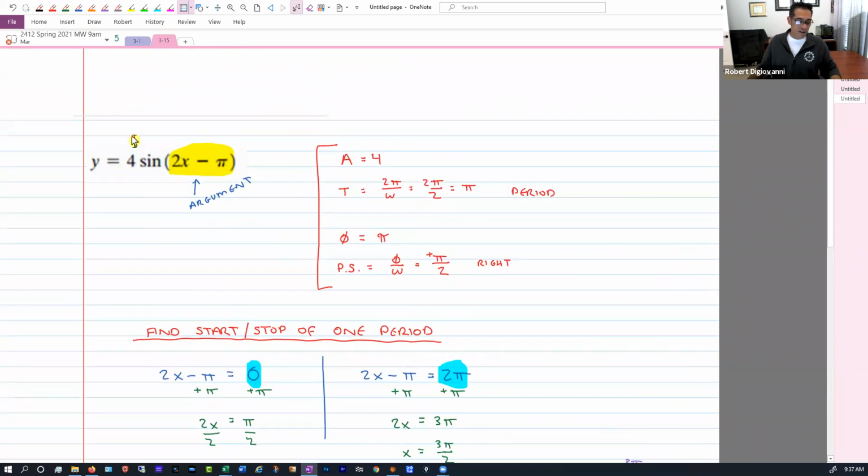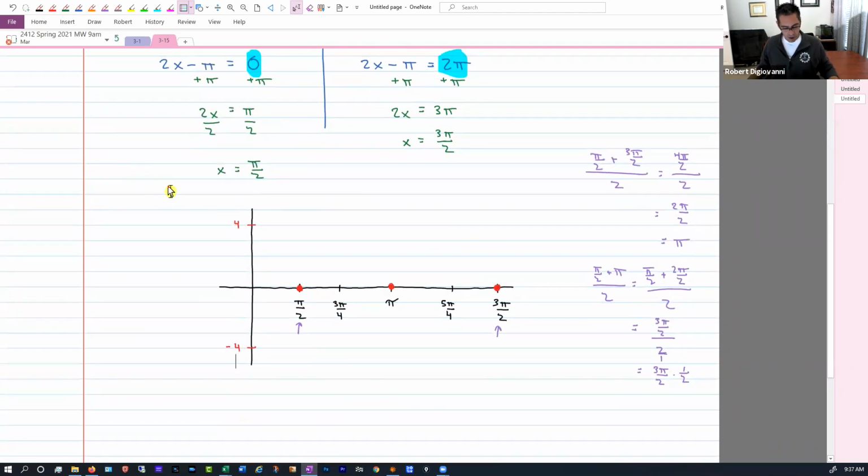It was a positive 4, so I'm not going to flip it over. So I'm just going to draw my sine curve. So I should go up here, then over here I should go down, and then I draw kind of like a frown, and then I draw a smile, and there we go. Any questions?